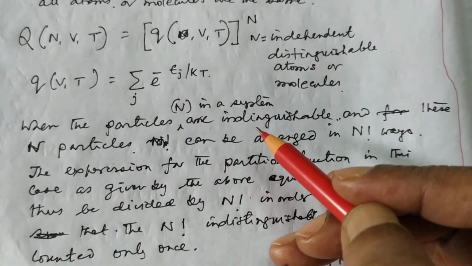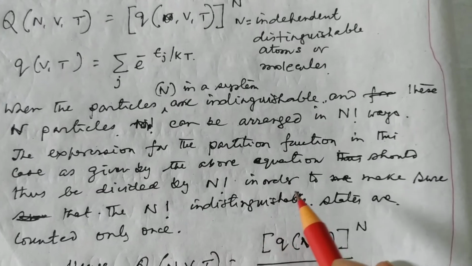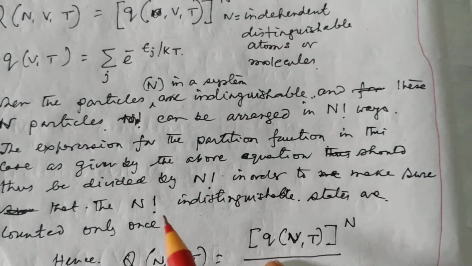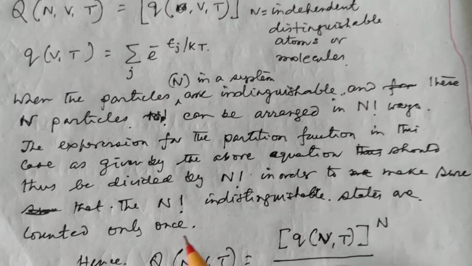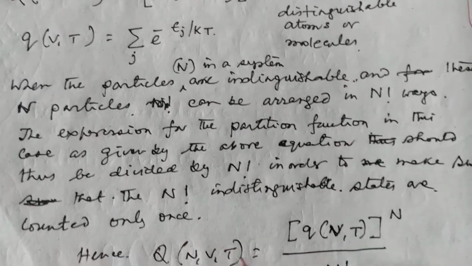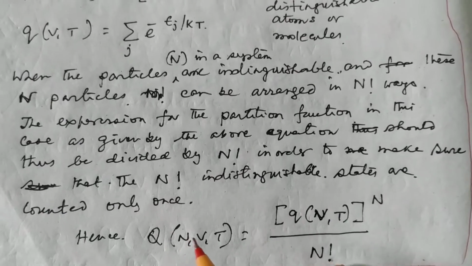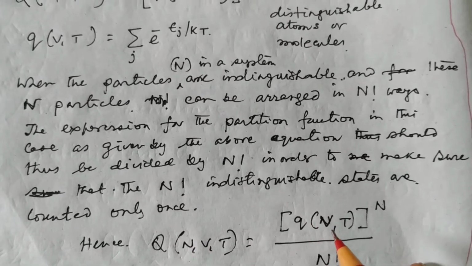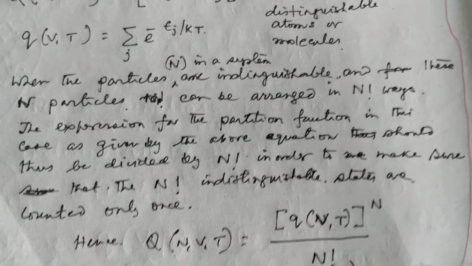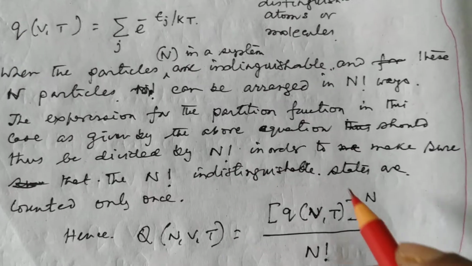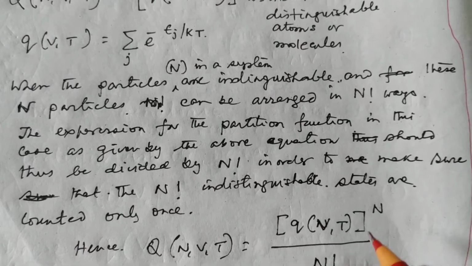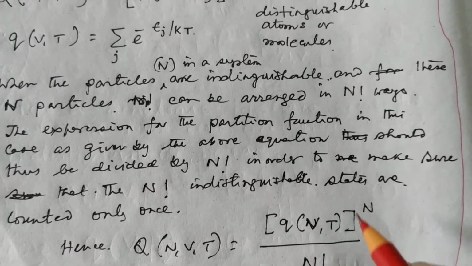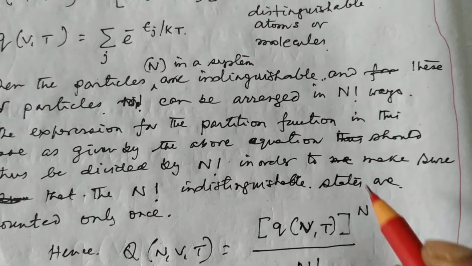So this is the relationship: Q(N,V,T) equals q(V,T) to the power N by factorial N. This is the expression for the partition function of a system of N indistinguishable particles.